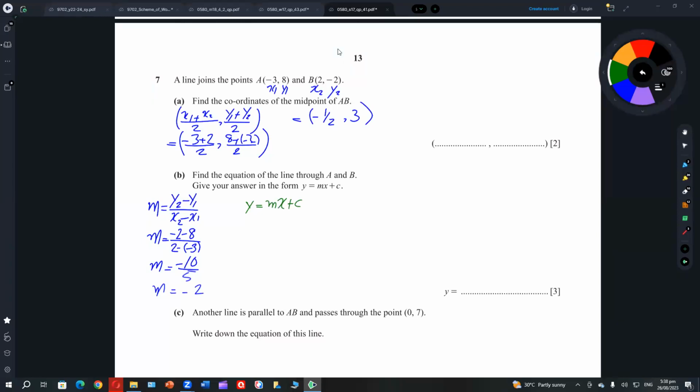Once you find the gradient, then you should find the C, y-intercept. Put any point, A.